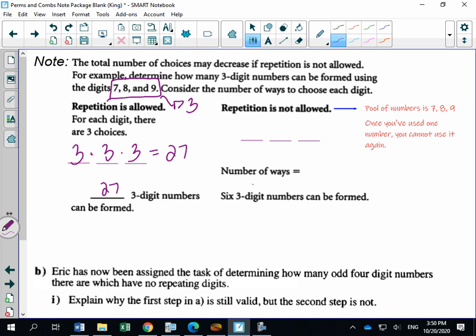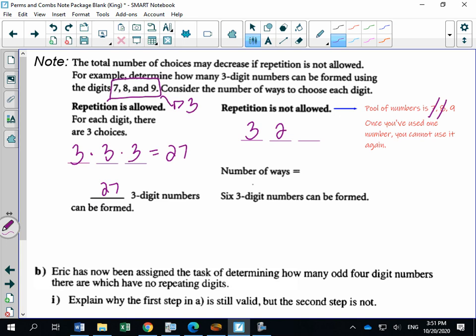Now we're going to look at what's going to happen if repetition is not allowed. So we still have 3 different stages, and the numbers that I have to choose from are 7, 8, or 9. So in my first stage, I have 3 different choices. If repetition is not allowed, what that means is once I've used one of these numbers, in the second stage, I only have 2 choices.